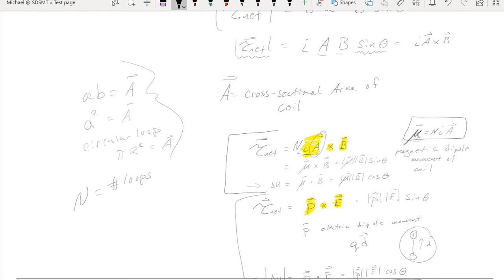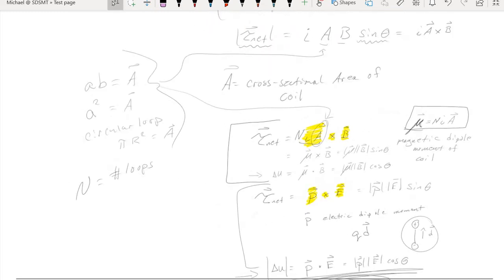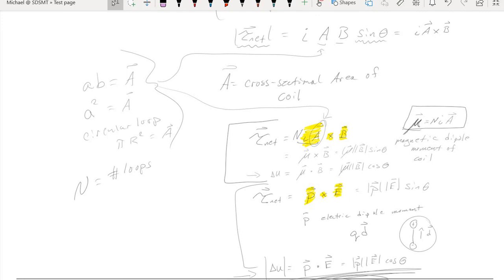Aside from the actual dimensions of that cross-sectional area, it's still the value of the cross-sectional area that is going to contribute to all of these expressions. And this now brings us to the end of the chapter 28 material.